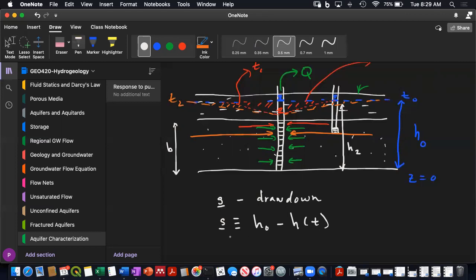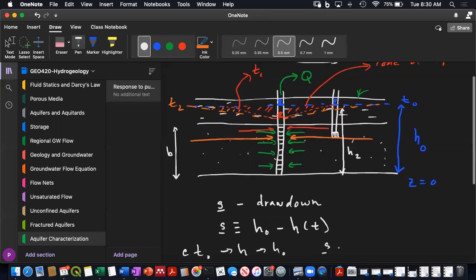Okay, so what is my drawdown at the beginning of time before I start pumping? What is the drawdown in my observation well? Yeah, so at T0, my head inside my well is equal to H0, and so my drawdown, s, would be H0 minus H0, that would equal 0.